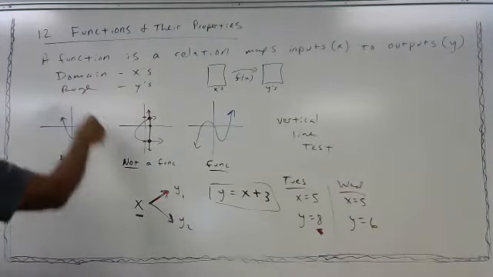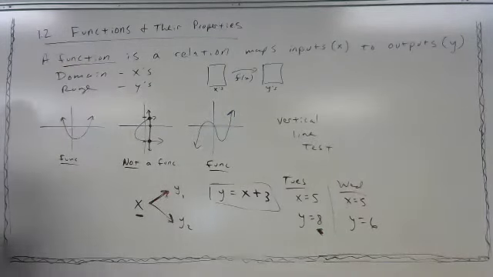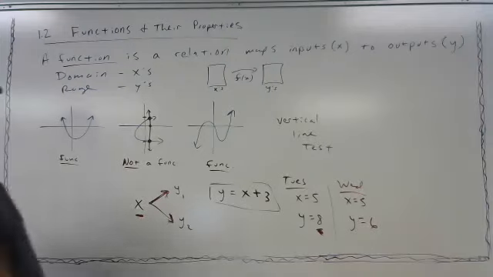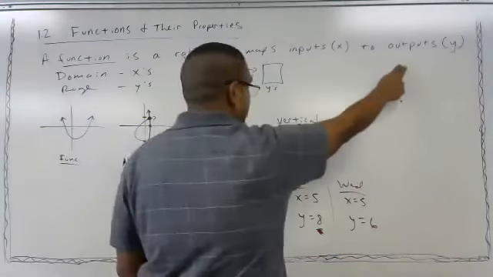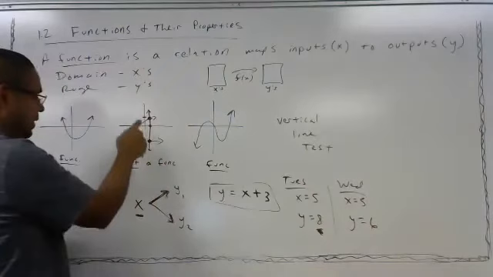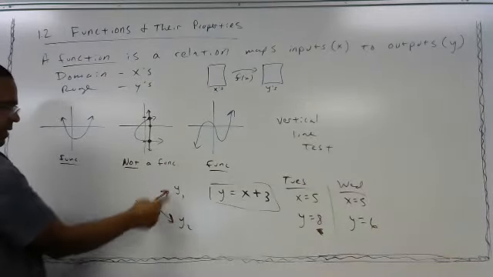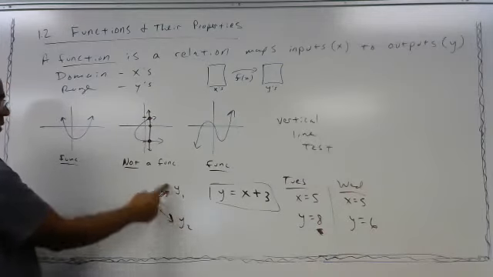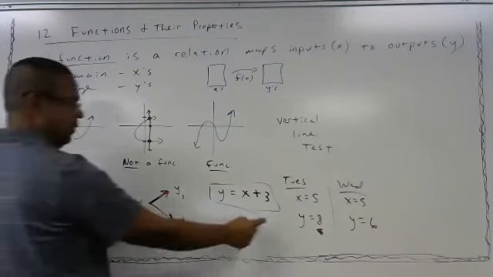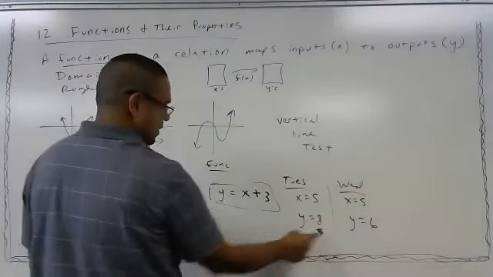Right? So we need to add a little bit more to this idea of a function. So it is a relation that maps inputs to outputs, but we have to be careful. It cannot map the same input to two different outputs. And I just showed you why. It can't happen.